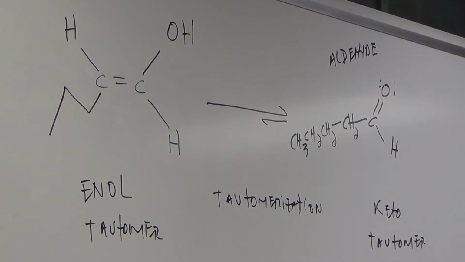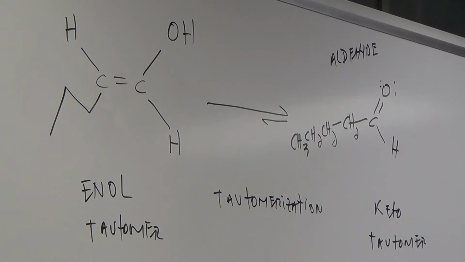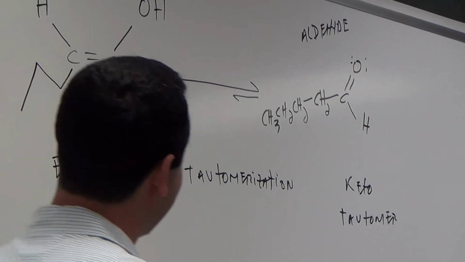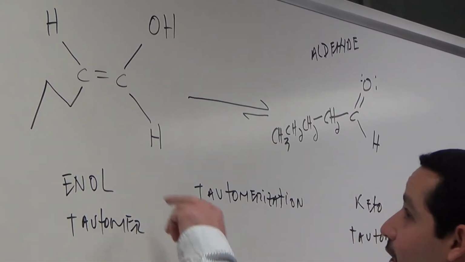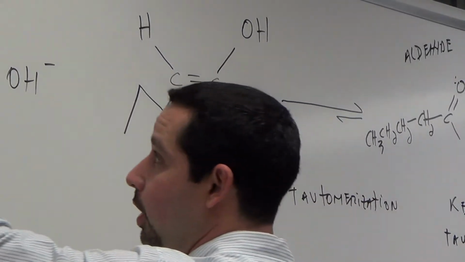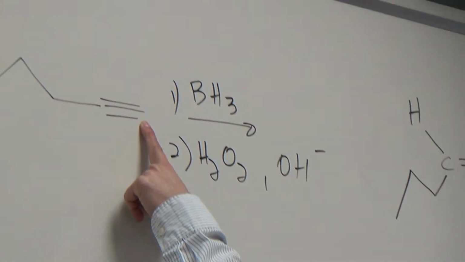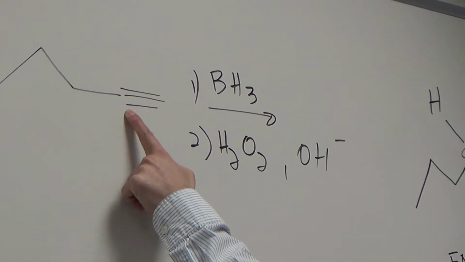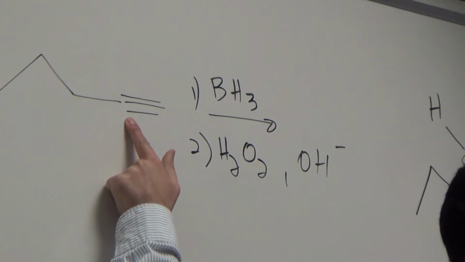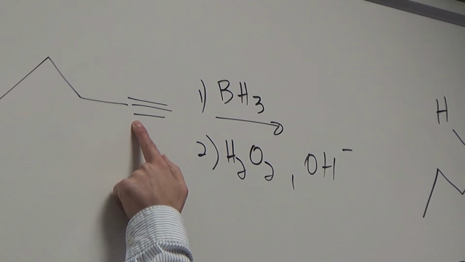What you said is God didn't make it that way. Well, yeah, you're right. Still gonna get you no points on the test. If I do oxymercuration, demercuration here, Markovnikov addition says that the OH will go to this carbon, and that could never give you an aldehyde. It will always be a ketone.